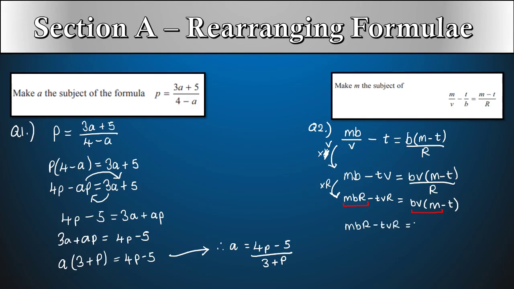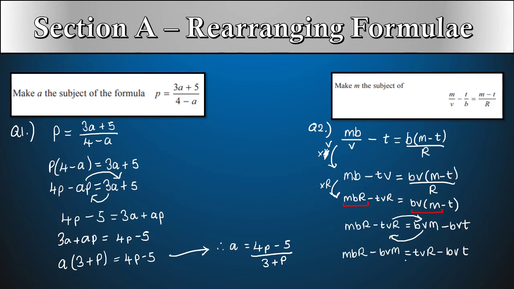This will be bvm minus bvt. So collecting the m's on one side here, again, doesn't matter which way you take this across. I'm going to take this onto this side, and then this minus tvr, I'll have to add that to both sides here. Okay, so I'm going to get mbr minus bvm is equal to tvr minus bvt.